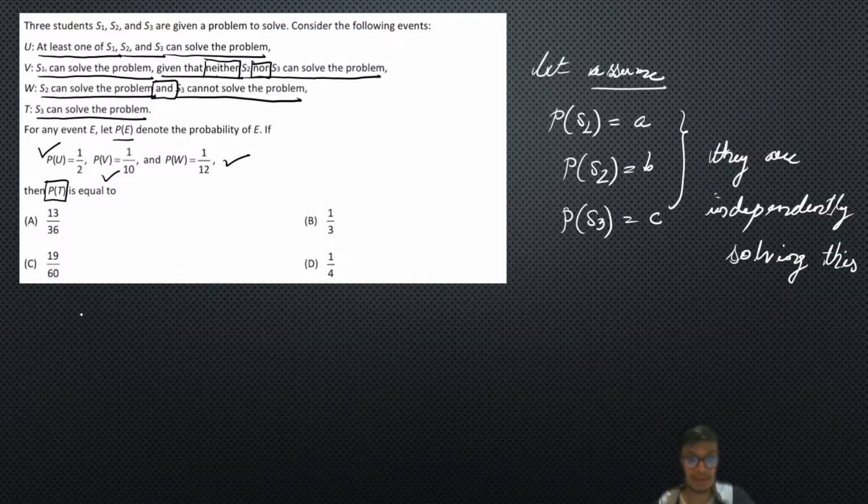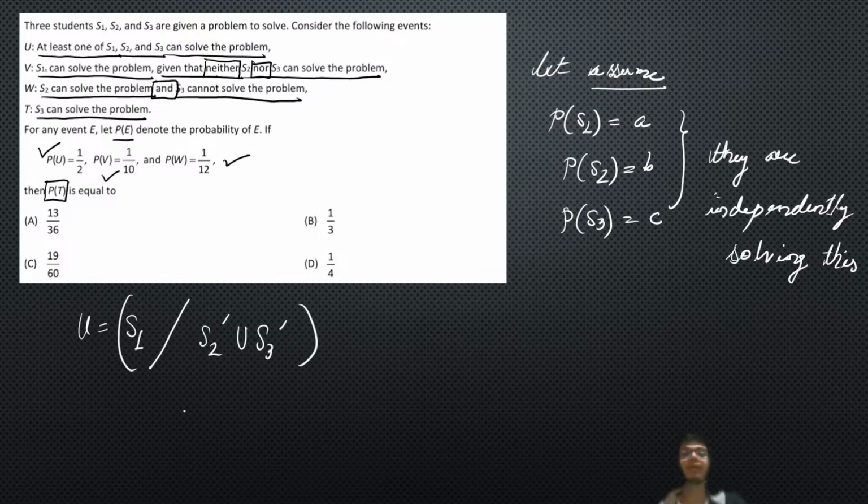Now it says that U is basically the event when S1 can solve the problem, given that neither S2 nor S3 has solved the problem.